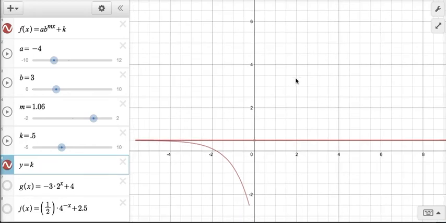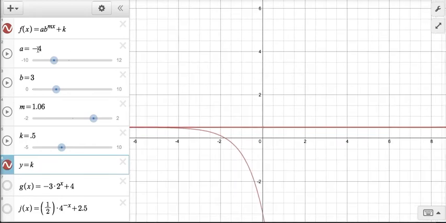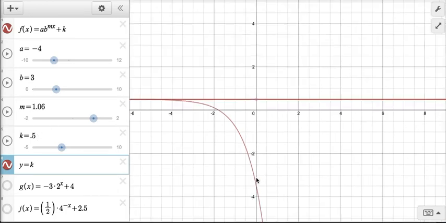So here we are. A is a negative 4, and K is 1/2. So our asymptote is at y equal to 0.5, and our intercept should be at a negative 4 plus 0.5. That would be a negative 3.5. And let's see if that's what we get. Yep, a negative 3.5.